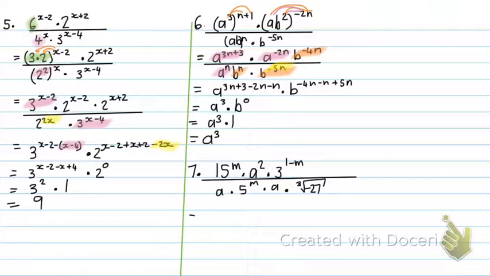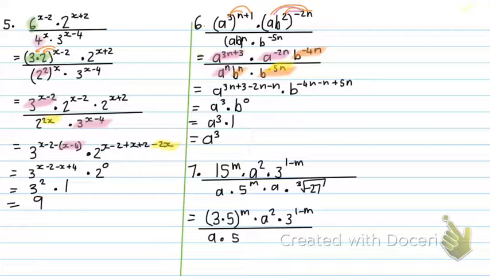So now I first have to get prime factors. 15 is 3 times 5 to the power of m times a squared times 3 to the power 1 minus m over a times 5 to the power of m times a times the cube root of negative 27, which is negative 3. So that m counts for both the 3 and the 5, so it's going to be 3 to the power m, 5 to the power m. Everything else stays the same.